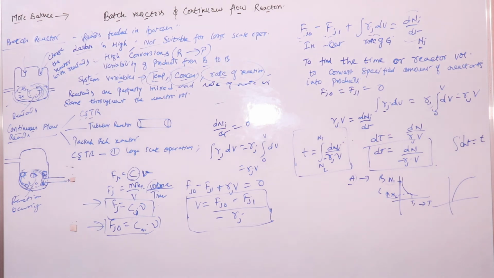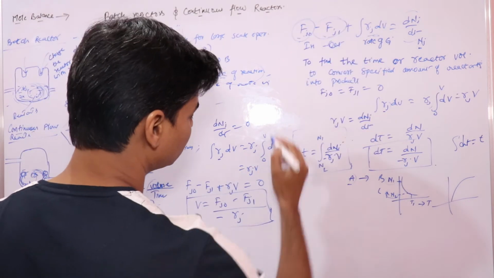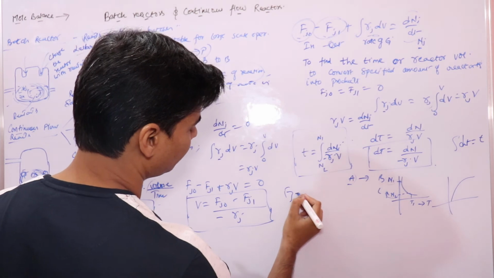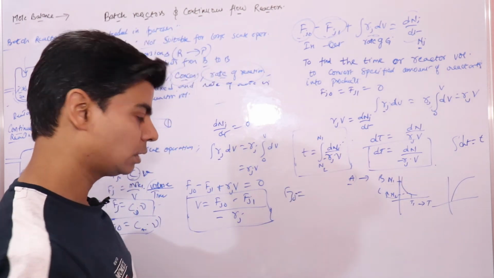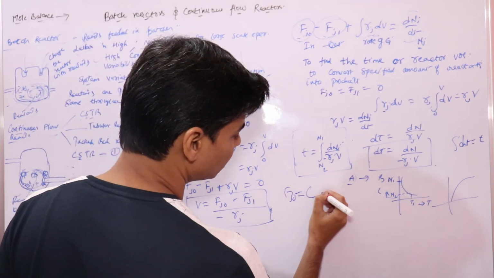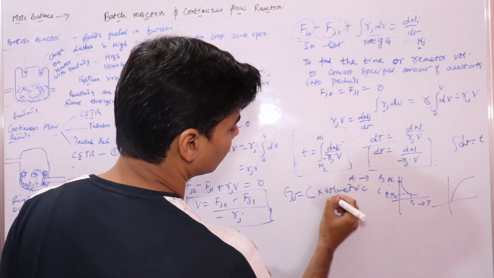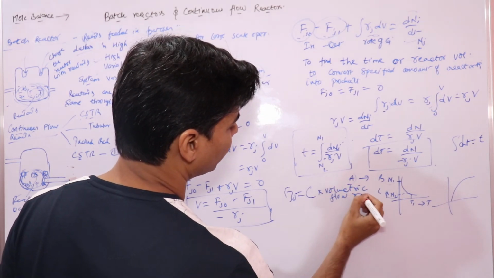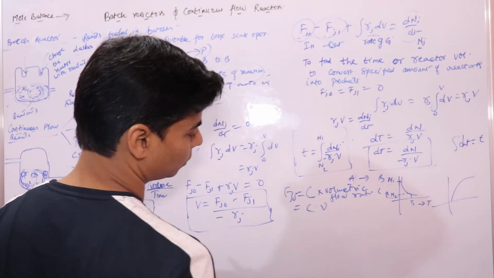And just remember how to find the flow rate in and the flow rate out. I'll repeat it for you. This Fj0 is the product of concentration and volumetric flow rate. Concentration is C, volumetric flow rate is nu.